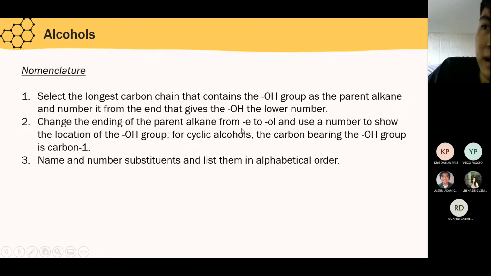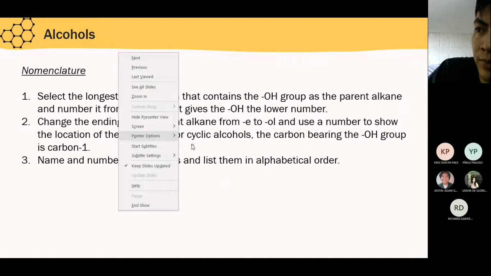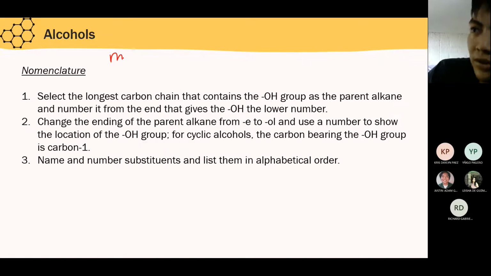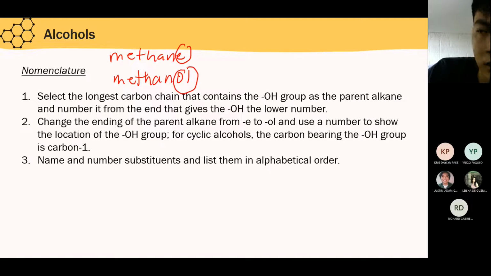Yung ending ng alkane from E, gagawin mong all. Okay? Kaya napansin nyo, yung methane kanina, pag nilagyan mo yun ng OH substituent, ano na pangalan niya? Methanol. So basically, yung E, papalitan mo lang ng all. There will be a need to indicate saang carbon nakadugtong yung OH.